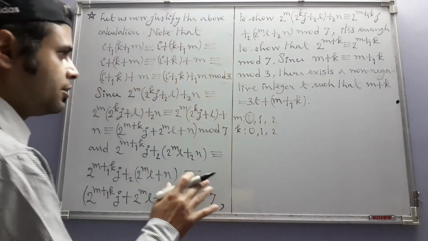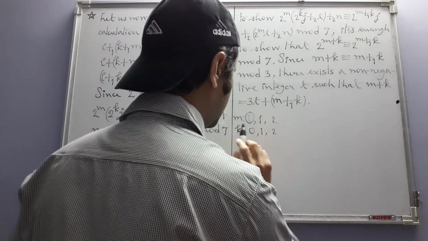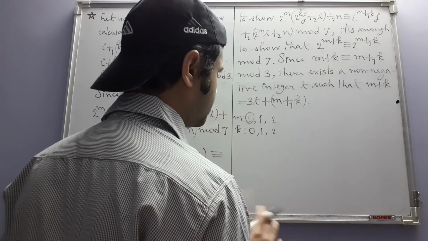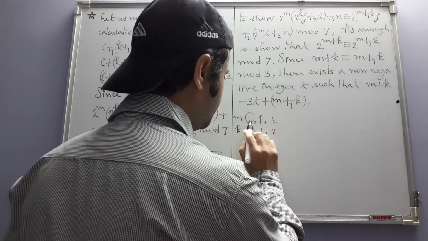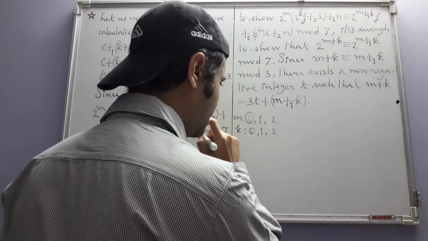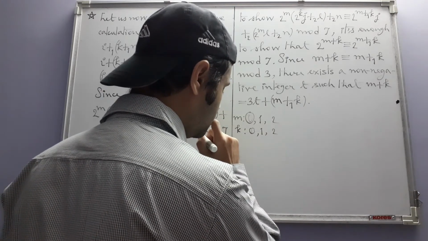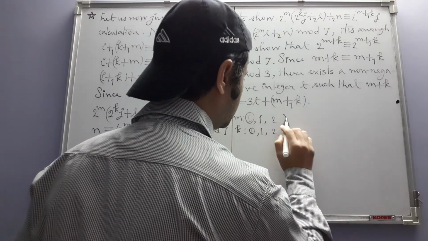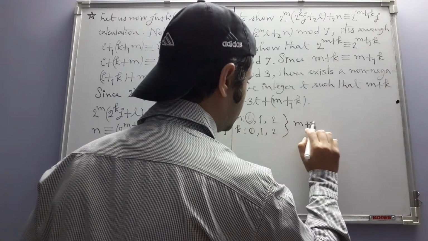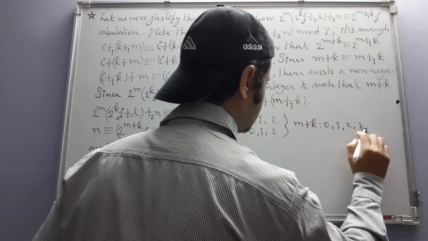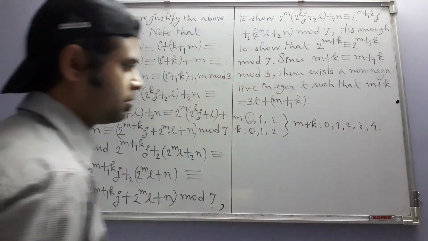In fact there is no need to see all the cases. M plus k can be 0 or 1 or 2 or 3 or 4.